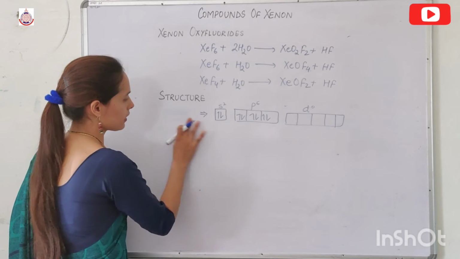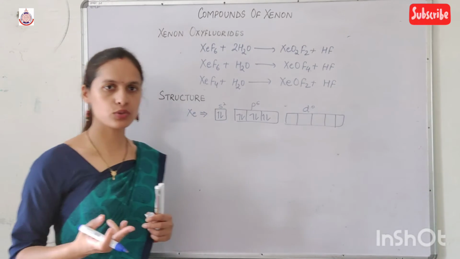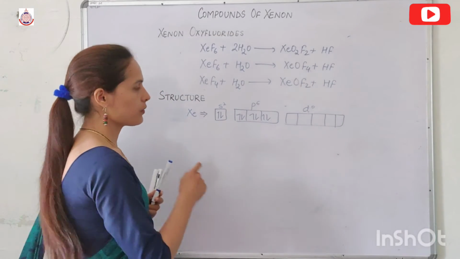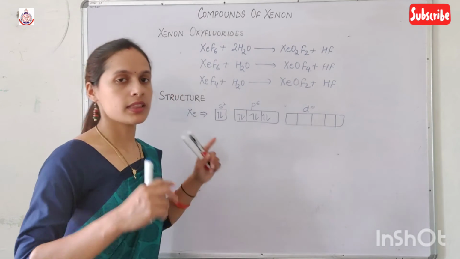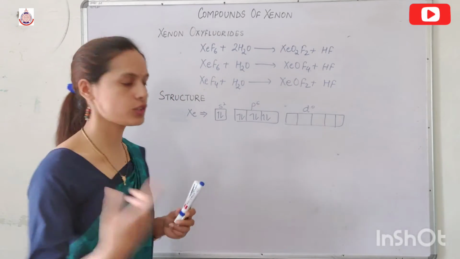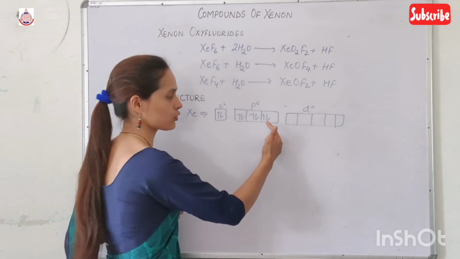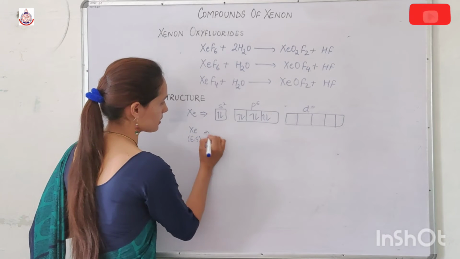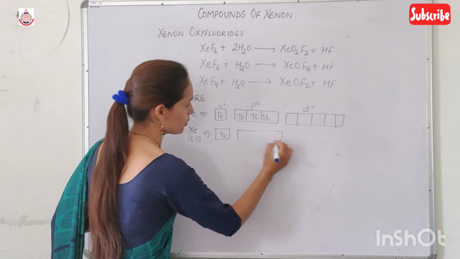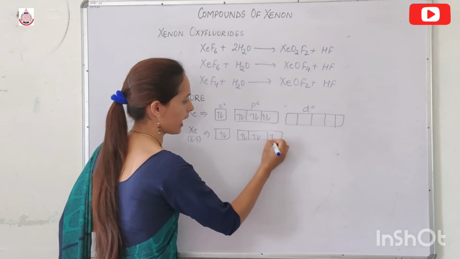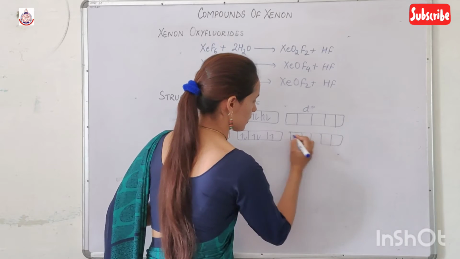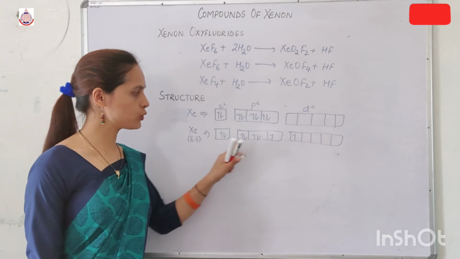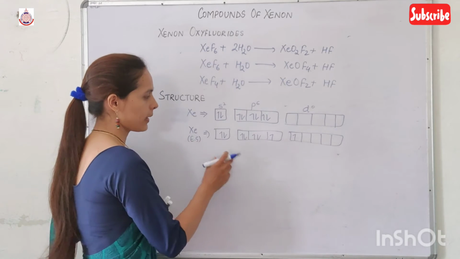Now because two fluorines are approaching xenon, xenon requires two half-filled orbitals, as a result of which when fluorine approaches xenon, the energy which is released is used to move an electron from p to d, so in the excited state we get s2, p5 and d1.